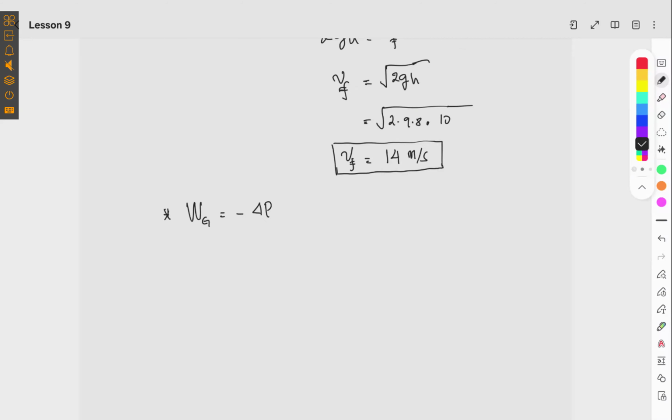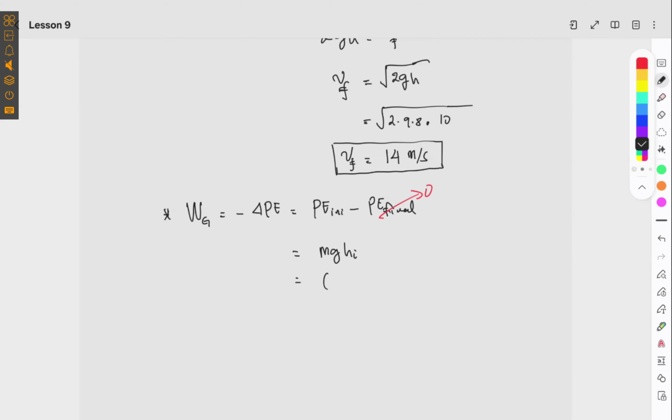That's what it simply means, which is equal to initial potential energy minus final potential energy, right? But you know that potential energy final is 0. So potential energy initial is just mgh.